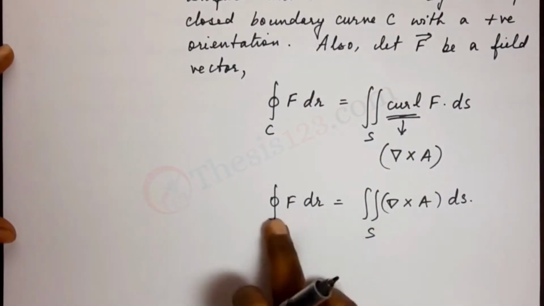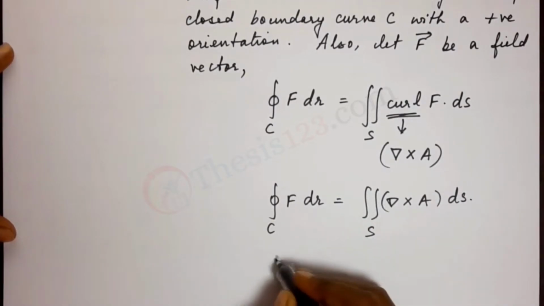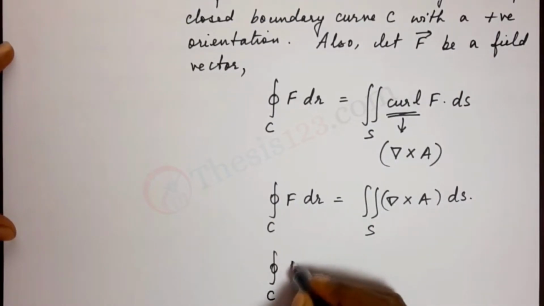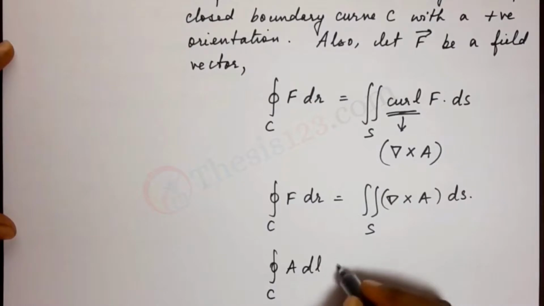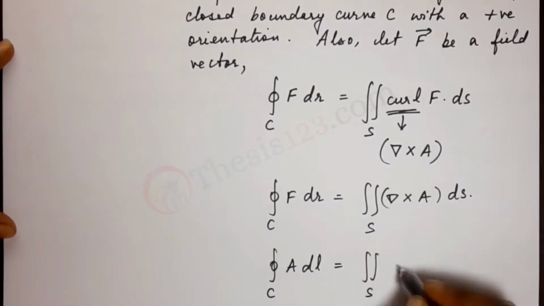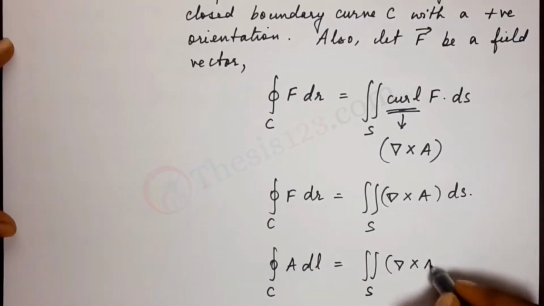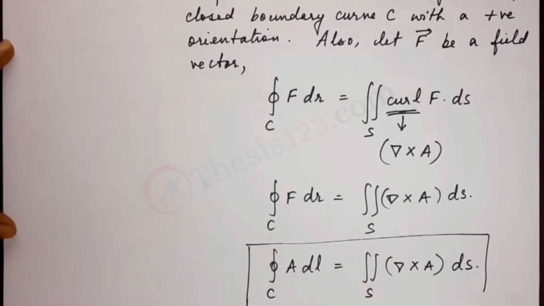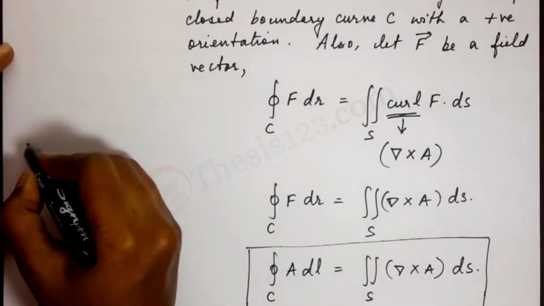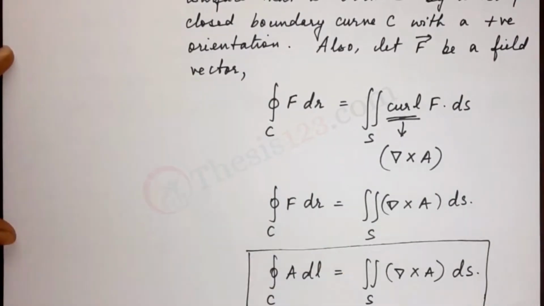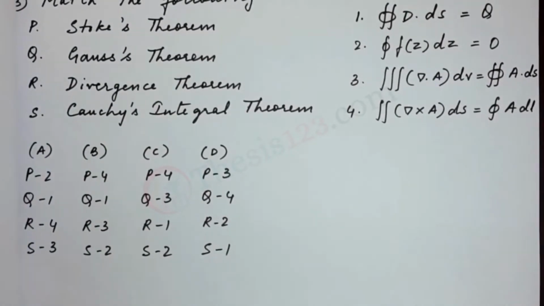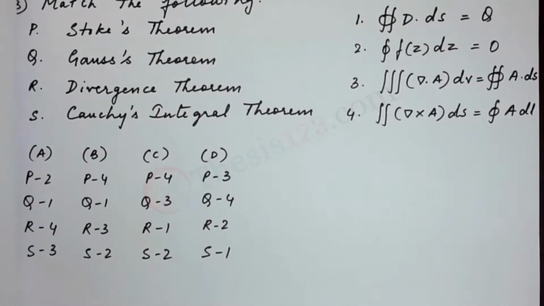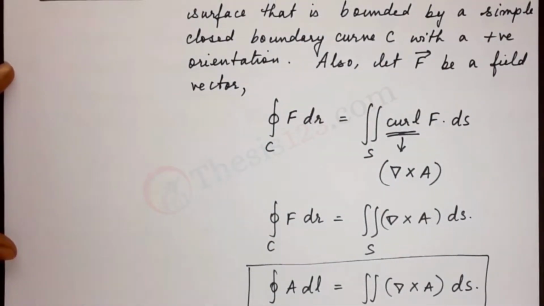So here A is just F. So if we equate that, it's A dl equals surface integral of delta cross A ds. So this is our right option, which means that Stokes theorem corresponds to number 4. So that covers our first theorem.